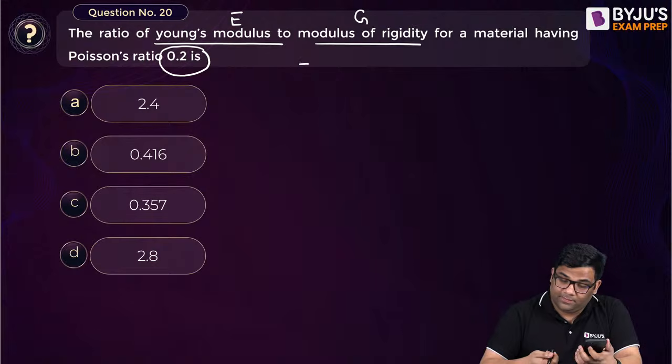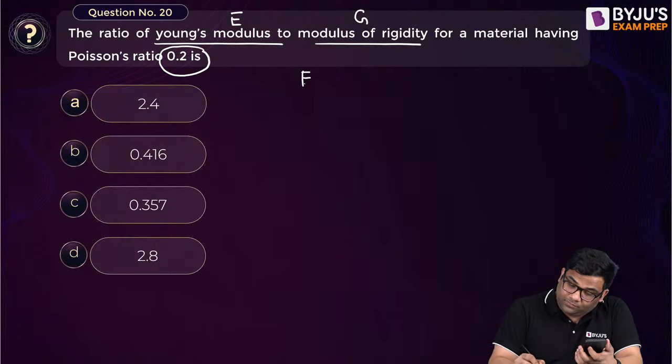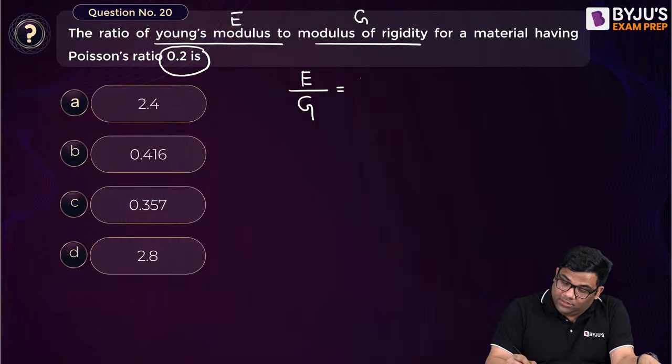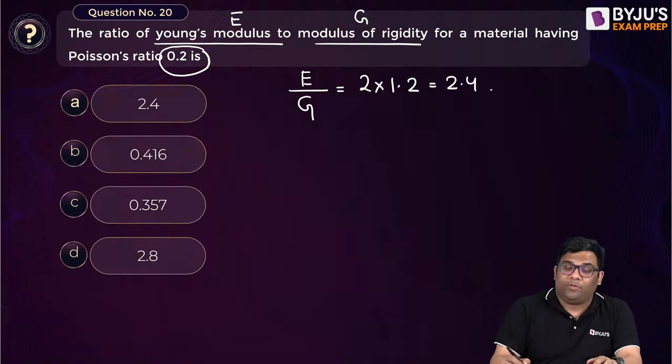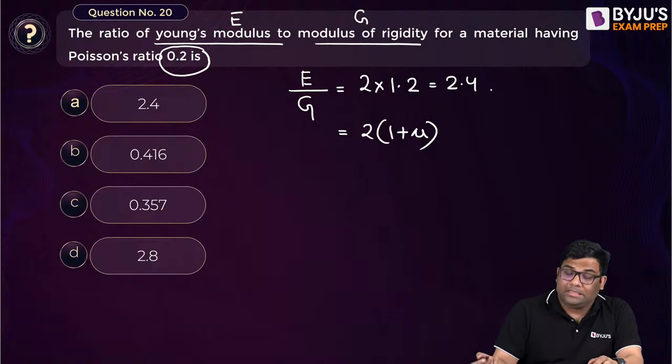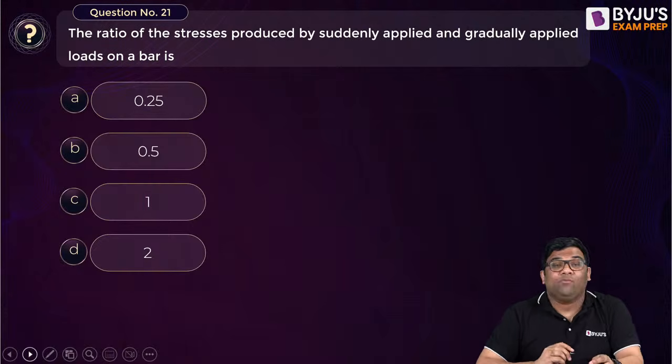What is the answer to this? A, yes, 2 into 1.2. E by G will be 2 into 1 plus mu. Yes, straightforward question, 2.4.